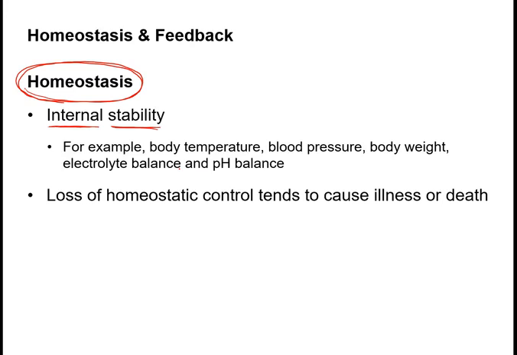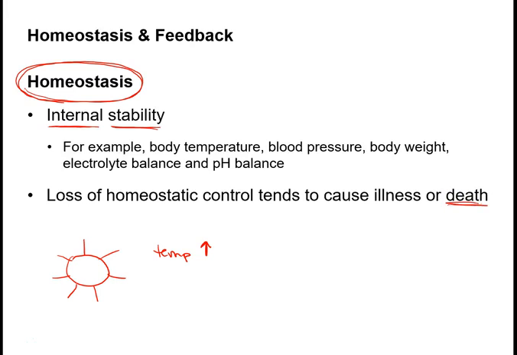When you think about body temperature, let's say you go outside and you get into the bright sunlight. Immediately, your body temperature is going to go up. Well, that body temperature is not supposed to go up too high because too high of a body temperature can begin to damage cells. It could even cause death if the temperature gets too high.